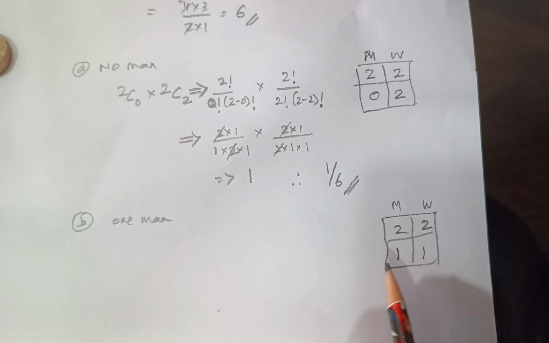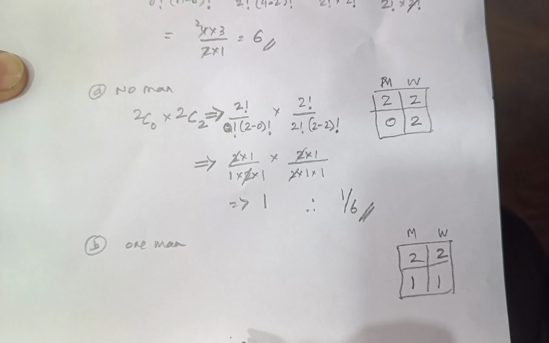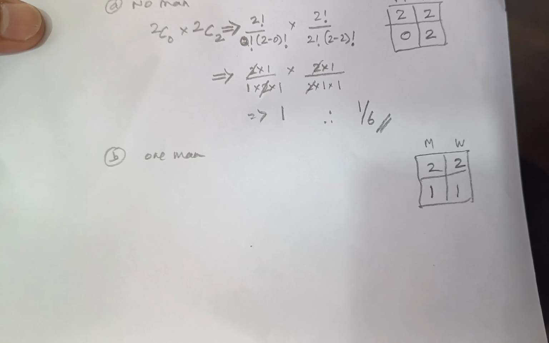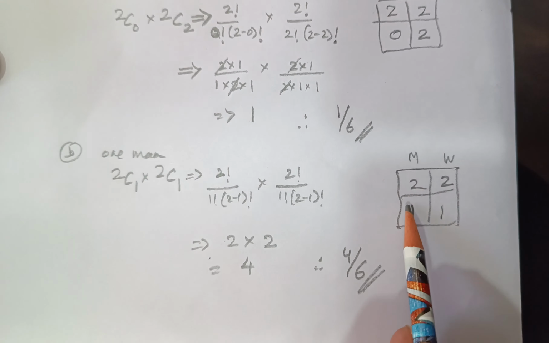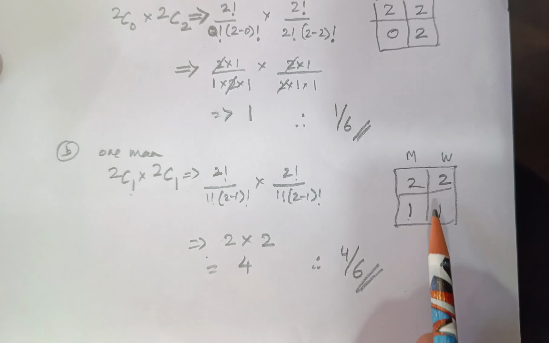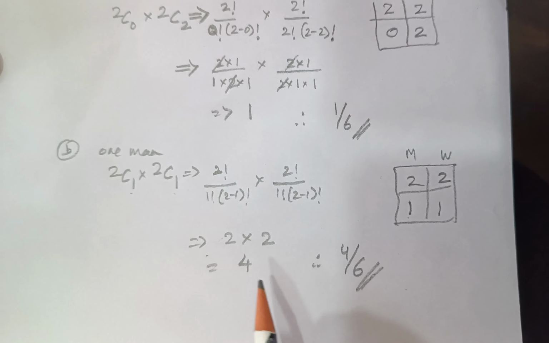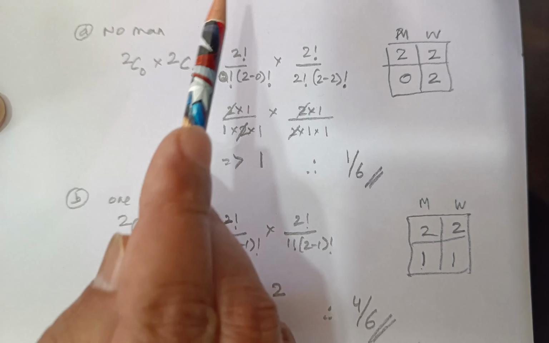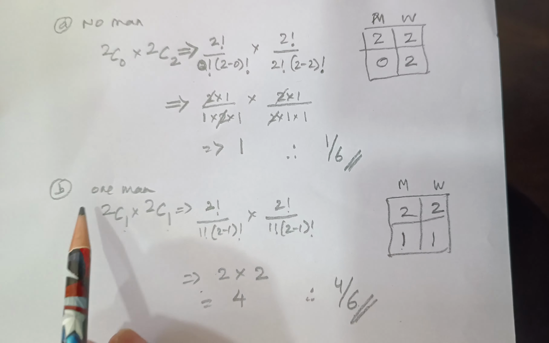Again using the similar formula, we can write it as 2C1 into 2C1. Simplifying further, the total is 4, and the total possibilities are 6, so 4 out of 6. This is the probability for 1 man.